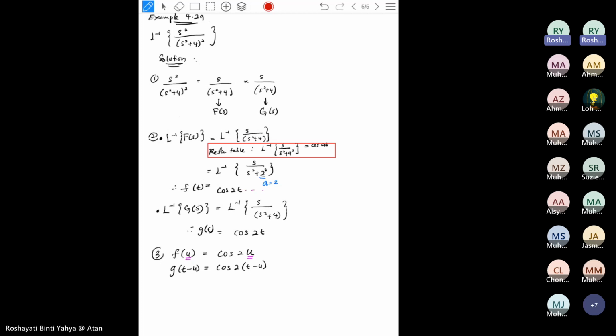Here meaning that we change T to U and T to T minus U.